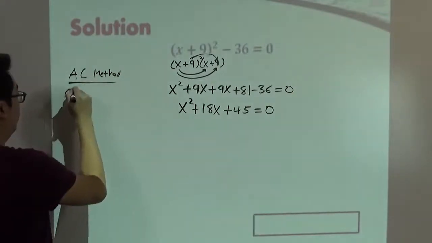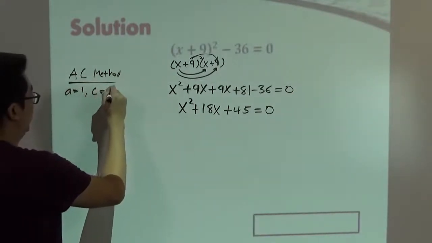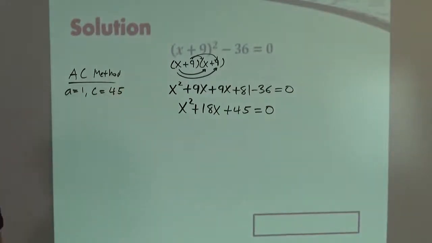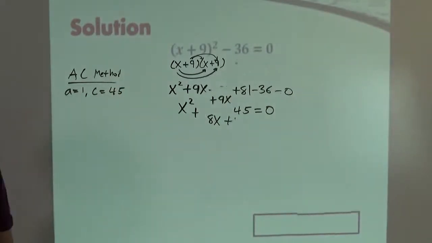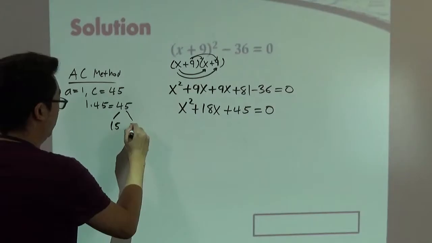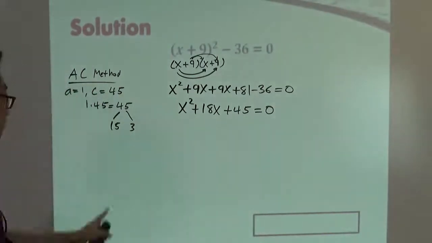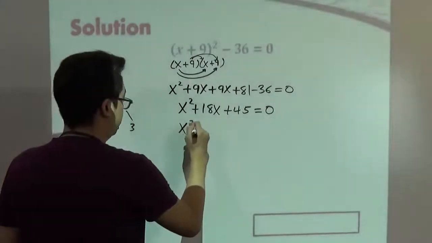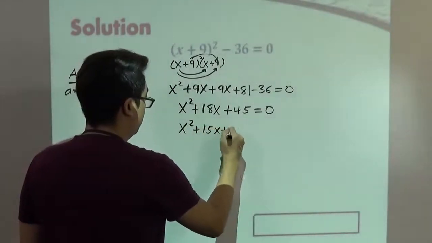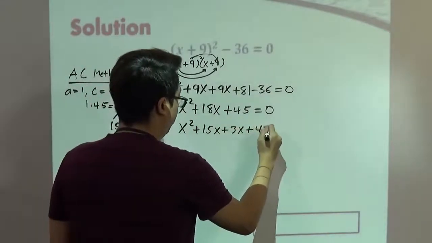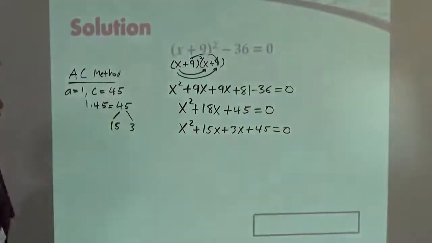This time our A is 1 and our C is 45. So now we replace 18x with 15x plus 3x, which multiply to 45.